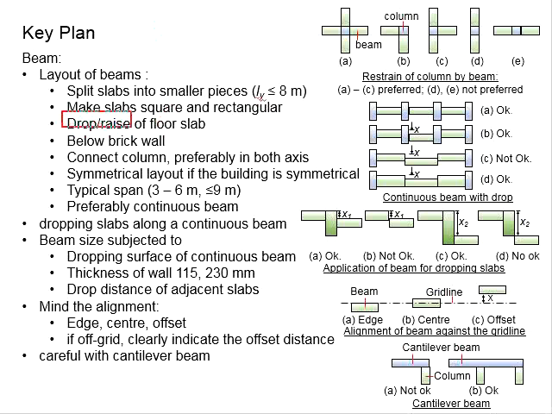There will be rise and drop on the floor slab, and normally in the existence of a drop or rise, there will be a beam at the edge. It will be something like this. When you have a piece of slab and another piece of slab, without the beam there will be concern with the structural integrity.